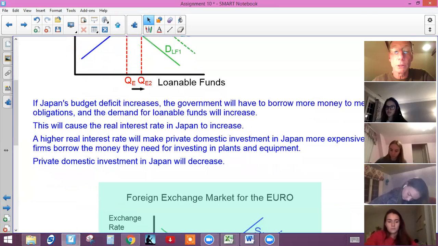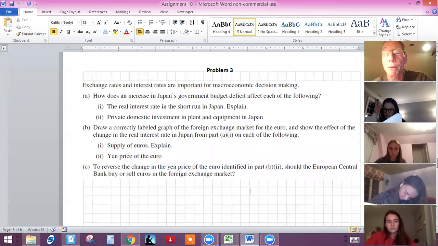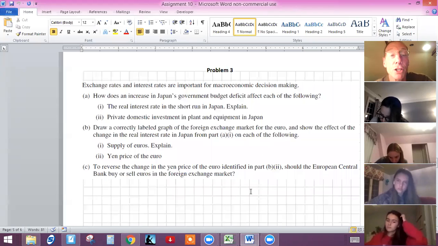What's the next one? They want you to draw a correctly labeled graph of the foreign exchange market for the euro. So if it's for the euro, remember that means the euro is the quantity on the horizontal axis. And show the effect of the change in the real interest rate in Japan from part 1A1 on the following: supply of euros, and explain that, and the yen price of the euro.